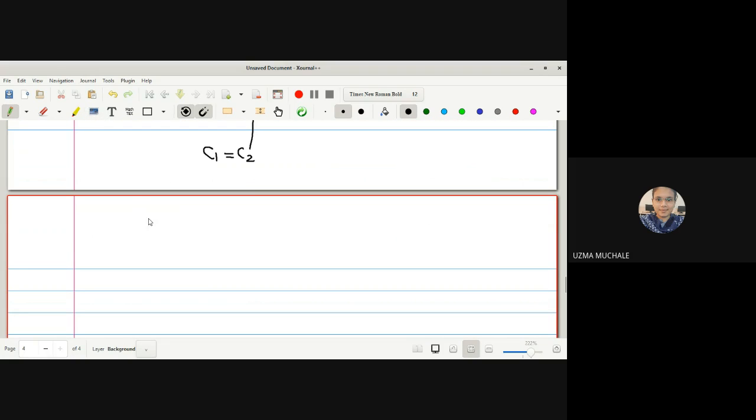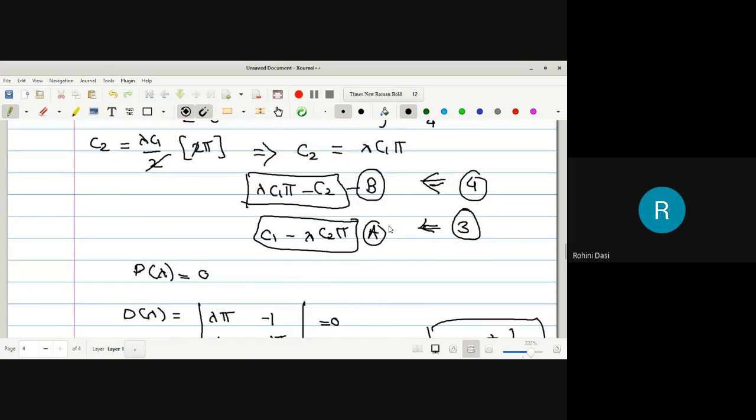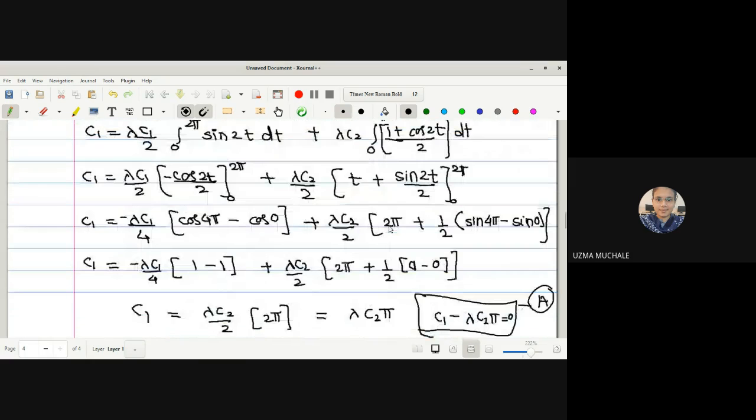What is our equation 2? We have obtained y of x is equal to lambda C1 sin x plus lambda C2 cos x. Is that the equation? Yes, ma'am. Where is our equation 2?